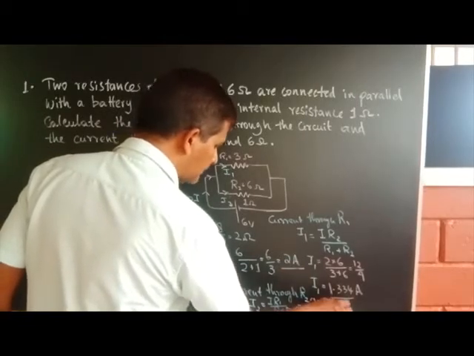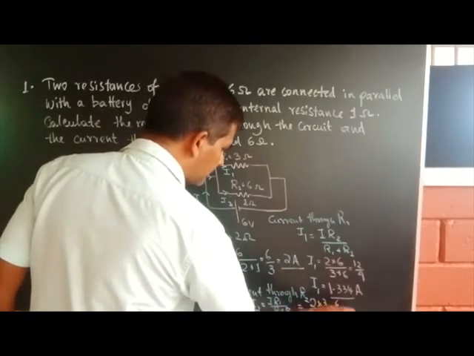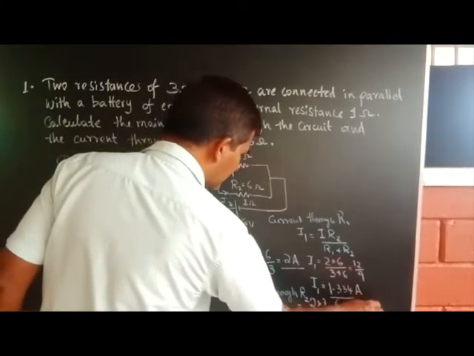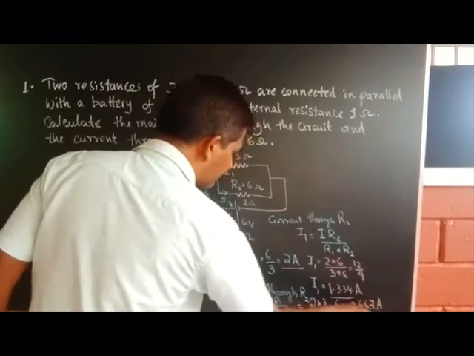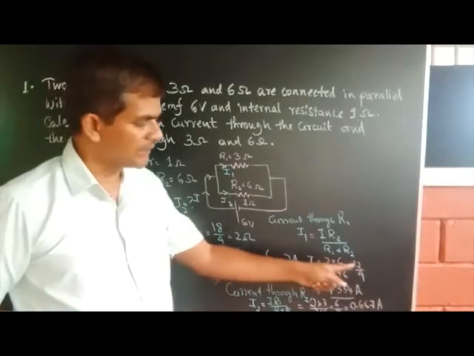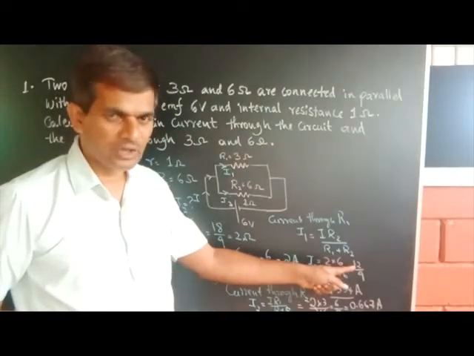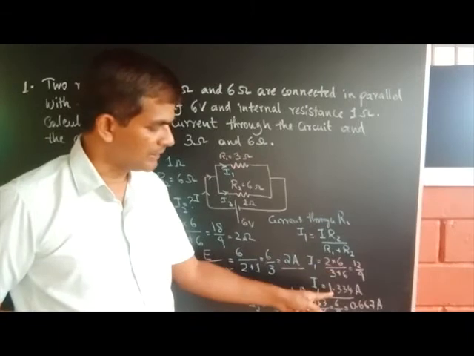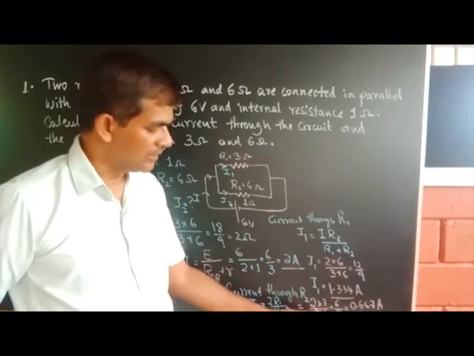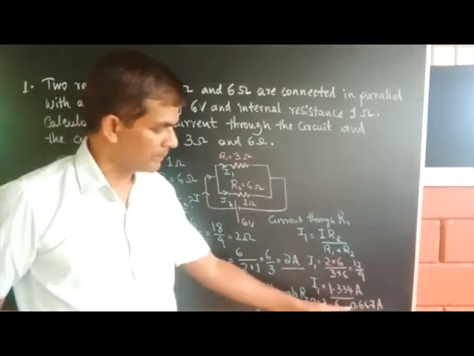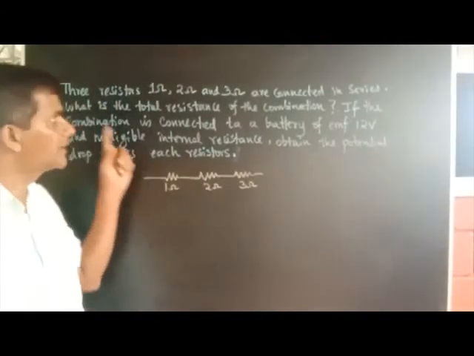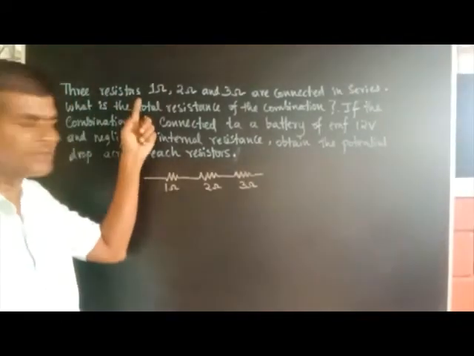So that is 6 divided by 9, that is 0.666, we are getting 0.667 ampere, and this is the answer. We got the main current is 2 ampere, the current in resistance R1 is 1.334 ampere, and the current through this resistance R2 is 0.667 ampere. This is another problem asking for 5 marks, a simple problem.